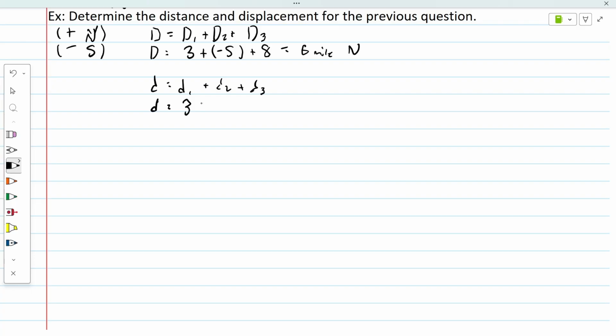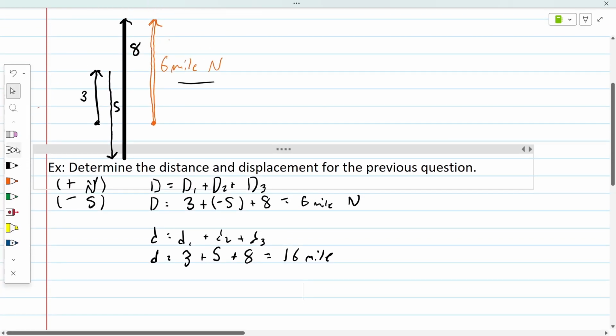They traveled 3 miles at first, and then another 5 miles, and then another 8 miles. Notice we don't care what direction it's traveling. It's still traveling that distance. So your final answer, if we add these up, is 16 miles. And note there's no direction on this. So even though they ended up 6 miles north, the full journey is 16 miles.